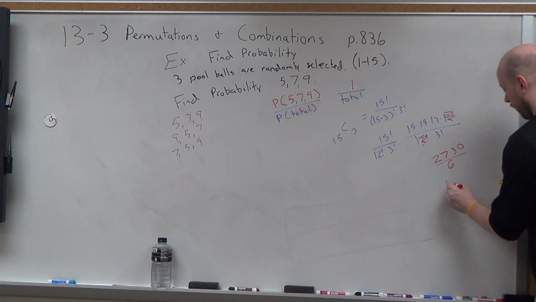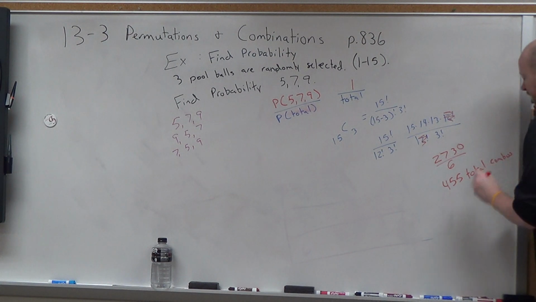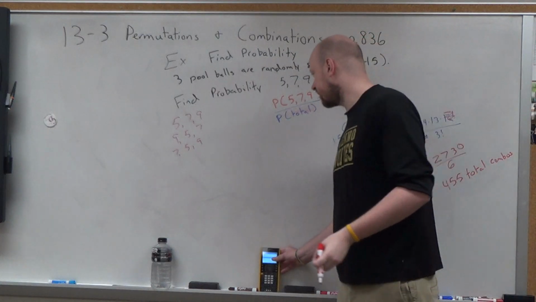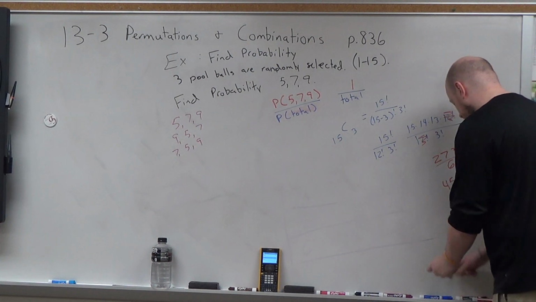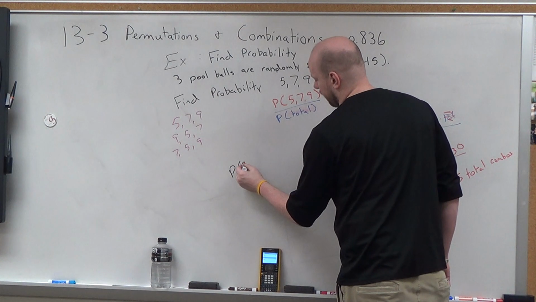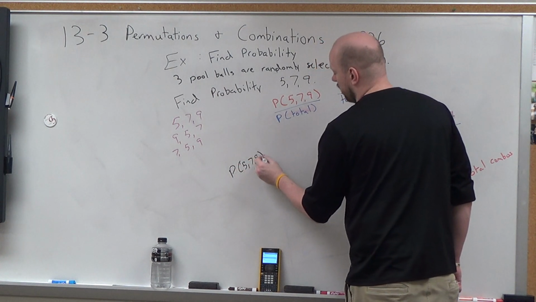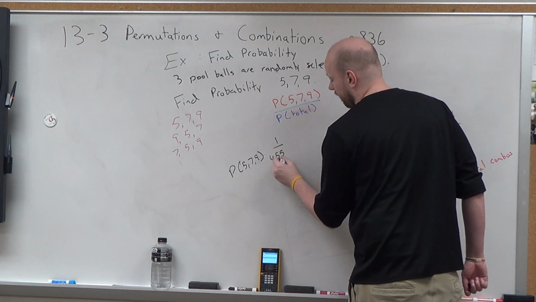So I get 455 total combos. And only one of those combinations is my 5, 7, 9. So my probability of 5, 7, 9 would be 1 over my total, which is 455.